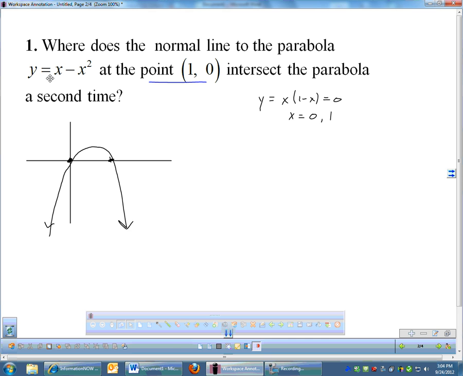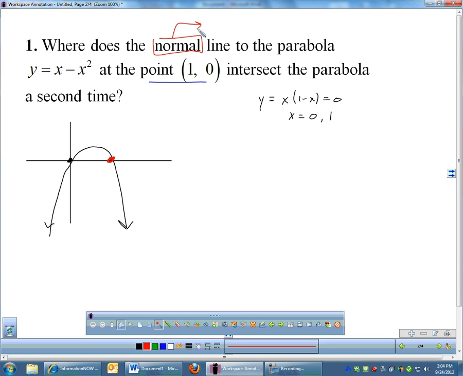So anyway, we have a parabola, and we're looking at the point (1, 0). So we're looking at this point, and it says the line normal. And if you don't remember what a normal line is, a normal line is perpendicular to the tangent. So if my tangent comes down like this, the normal line is going to be perpendicular to it.